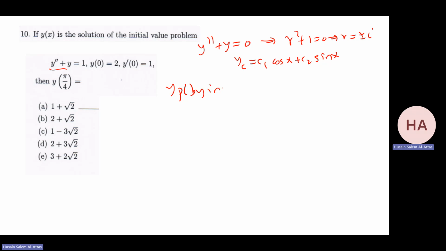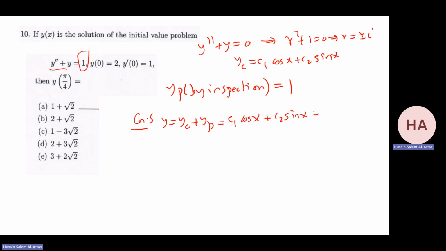Very clear. That's yp equal 1. By inspection, or you can do it the long way with undetermined coefficients. Okay, so general solution, y equals yc plus yp. That will be c1 cosine x plus c2 sine x plus 1.